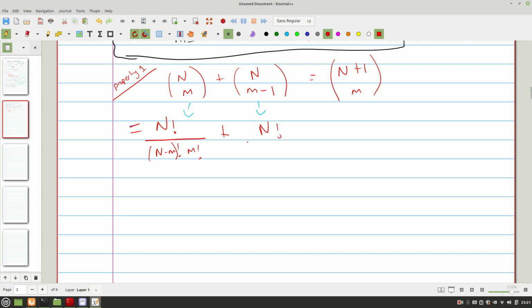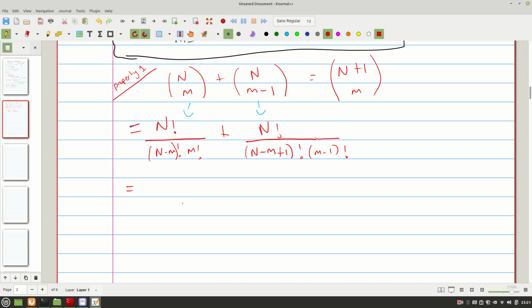So this is n factorial over, if instead of m we have m minus 1, this is n minus m minus 1, but if you multiply it out, it becomes n minus m plus 1 factorial times m minus 1 factorial. So now we need to prove that this would give us that. So let's actually do that.